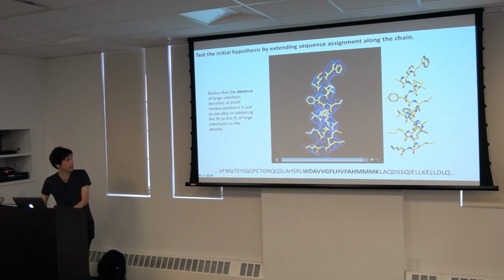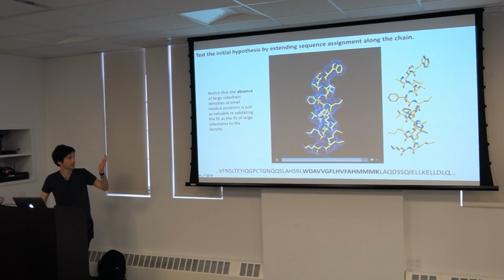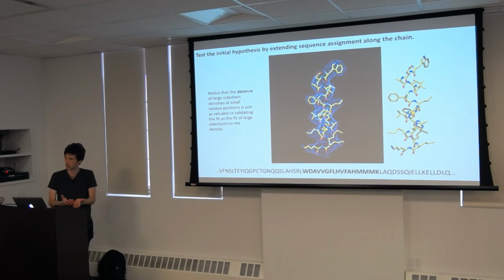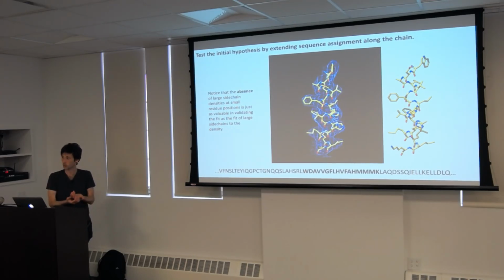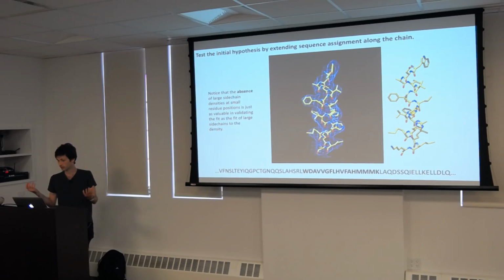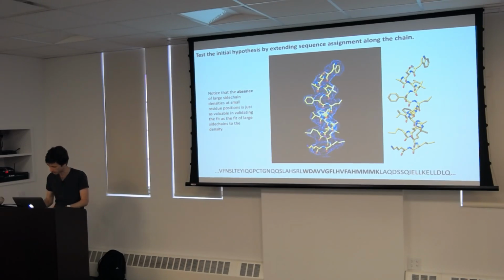For example, if you had extended that hypothesis and found that you had a glycine at this position in the sequence, you'd know unambiguously that was wrong because there's a big bulky side chain there. So the negative information that you get from those small residues can be just as valuable for constraining your model as the positive information that you get from the obvious big side chain densities. This is all pretty obvious stuff, but it's good to go through it.